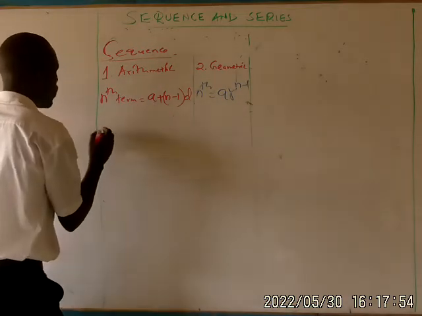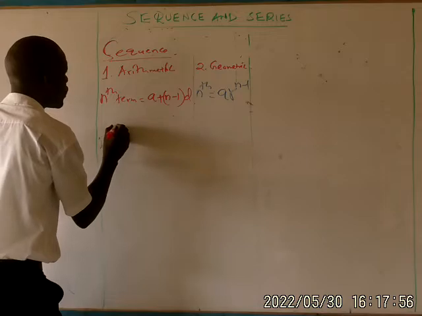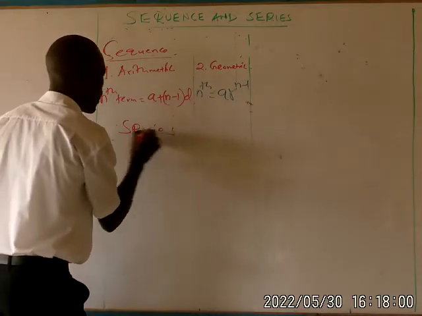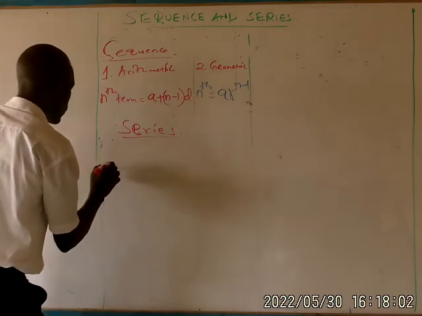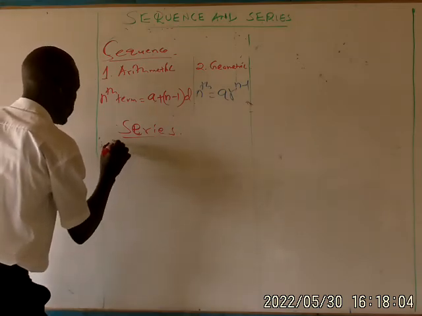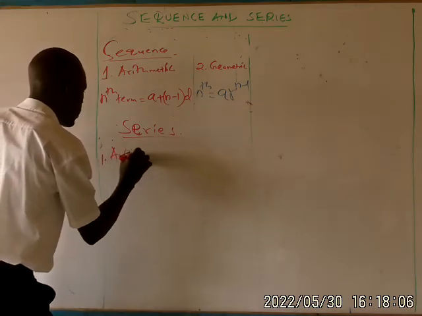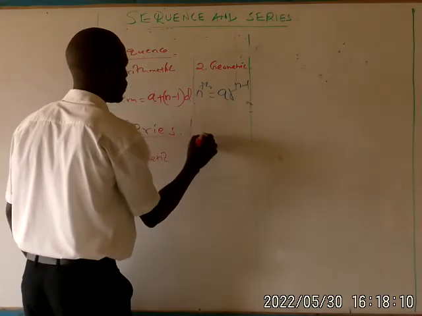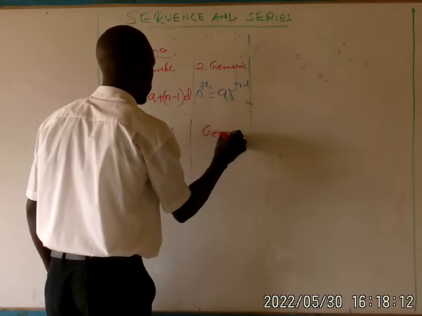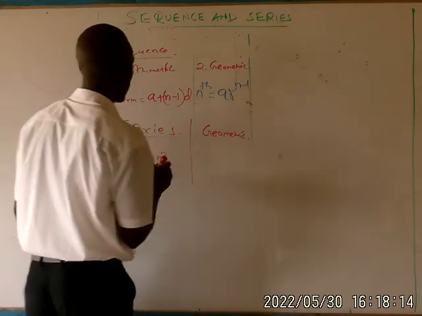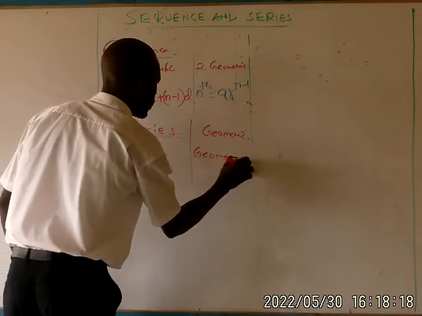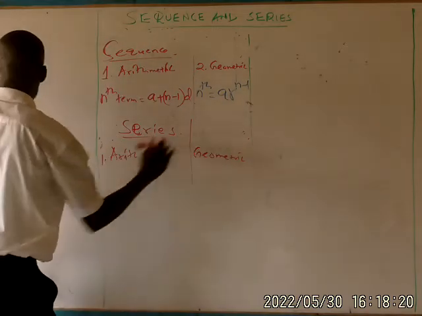Then for the series, we have either number 1, arithmetic, or number 2, geometric.